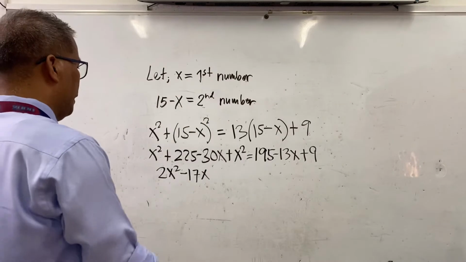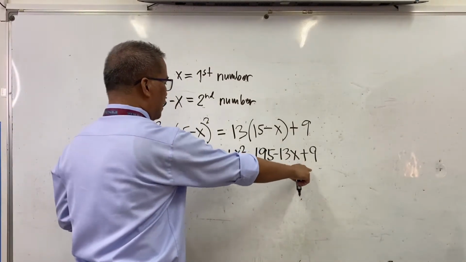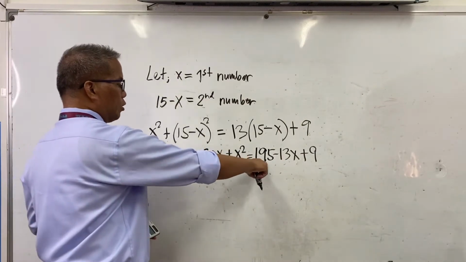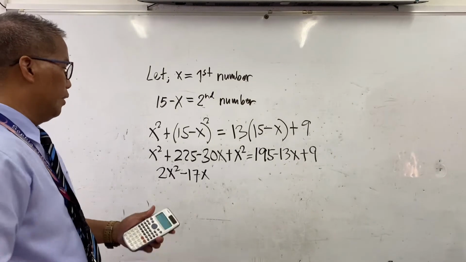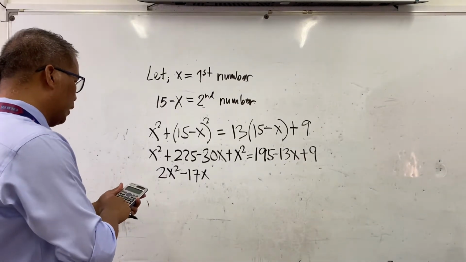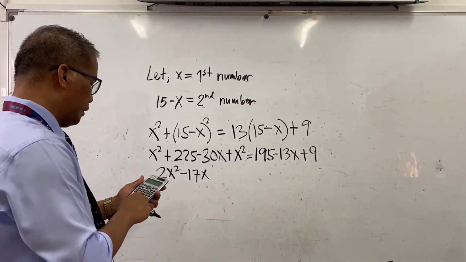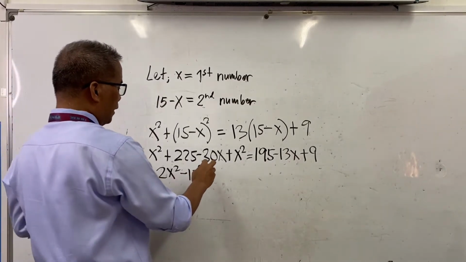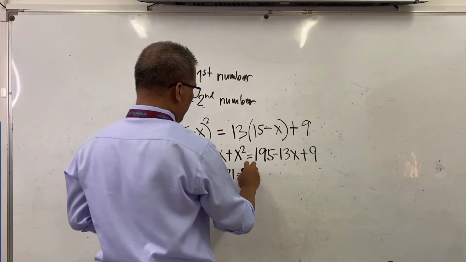Alright, then we have 225, 195, and 9. So we will transpose 195 and 9 here on the left. So we have 225 minus 195 minus 9 equals 21. So plus 21 is equal to 0.